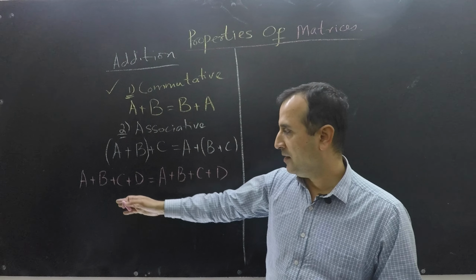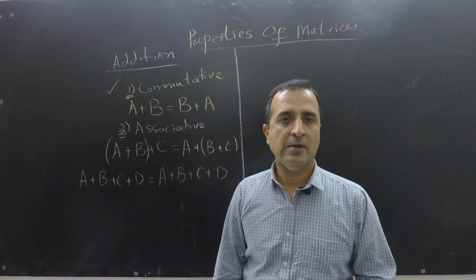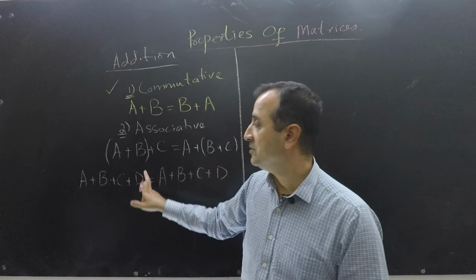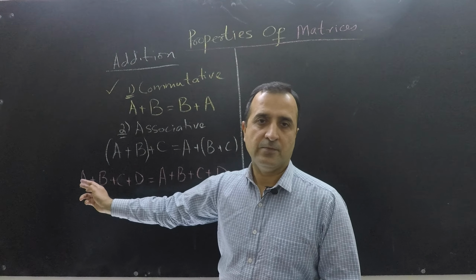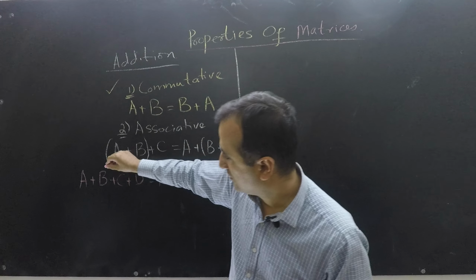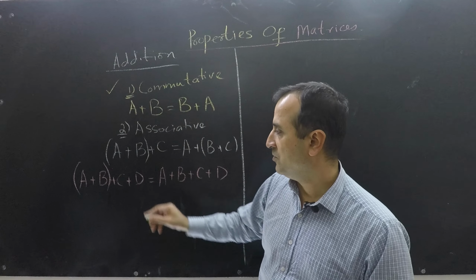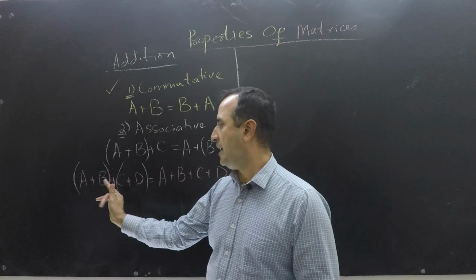One possibility here is that we add A plus B first, then we add C plus D, and then we add both of the results.